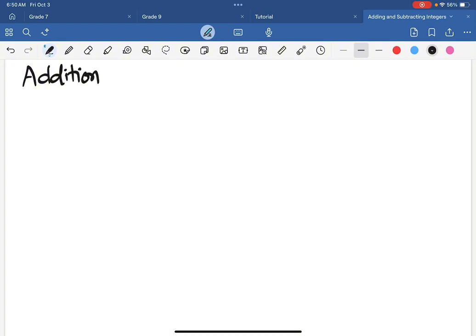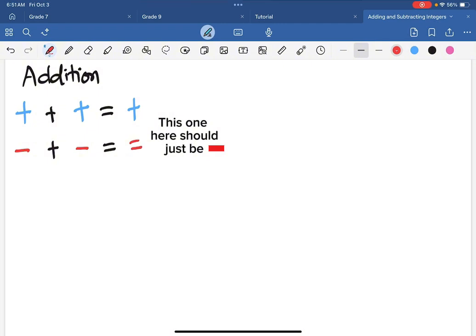Now there's a rule for this. When you add a positive number to a positive number, the result is positive. Now, when you add both negative numbers, the result would be negative.